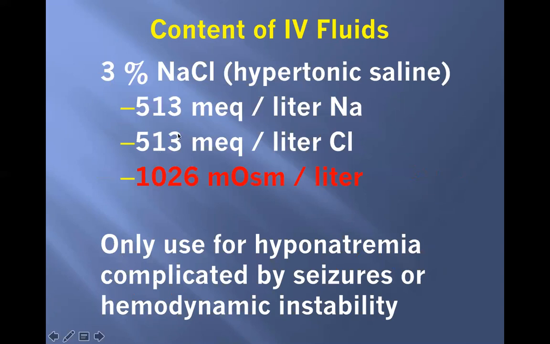Here, maybe you haven't seen this type of fluid, which is 3% sodium chloride, so we call it hypertonic saline. Hypertonic saline contains sodium at about 513 millimole or milliequivalent per liter, and the same amount of chloride, and this leads to very high osmolarity, about 1026 per liter.